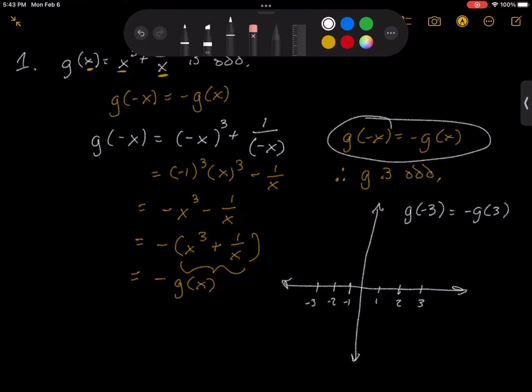So I can use that. Right, if I plug -3 into this function, I get minus 27 and 1/3. So over here at -3, the function returns minus 27 and 1/3, which means over here at +3, it's going to return positive 27 and 1/3.